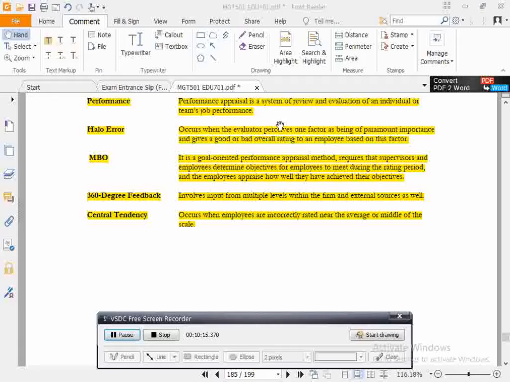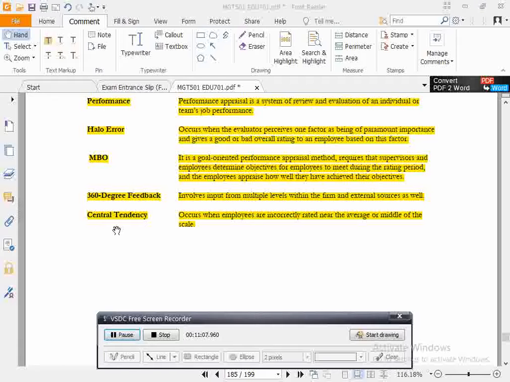MBO is a goal-oriented performance appraisal method that requires supervisors and employees to determine objectives for employees to meet during the rating period, and the employees appraise how well they have achieved their objectives. 360-degree feedback involves input from multiple levels within the firm and external sources as well.